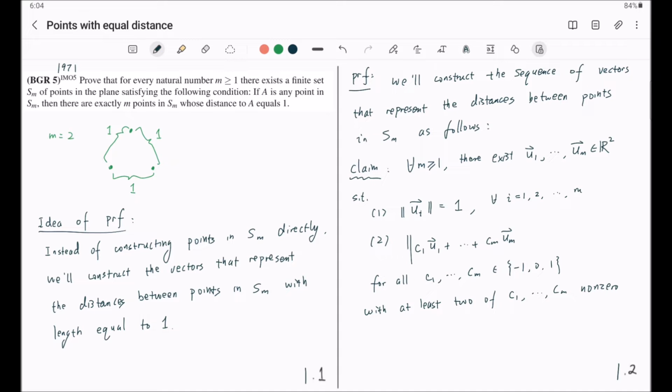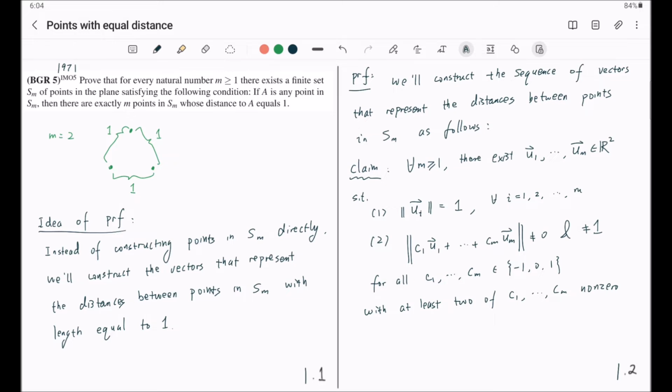We will require the length of the vector formed through this linear combination to be non-zero and also not equal to 1 for all such c_1 through c_m.